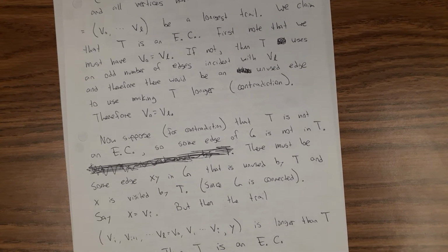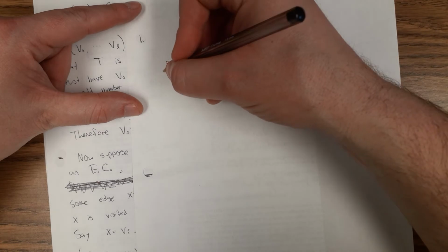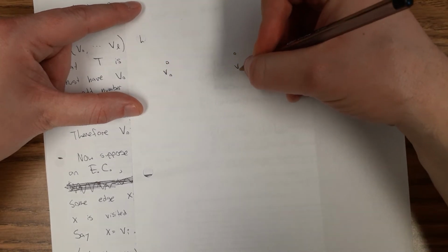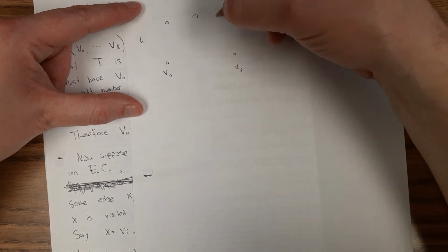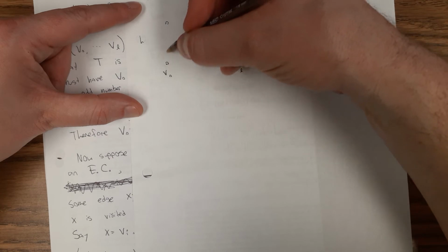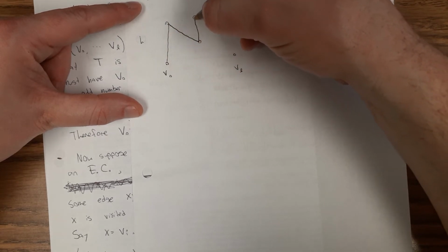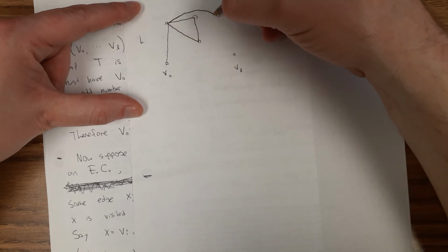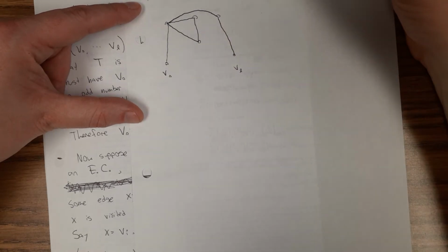More specifically, maybe I'll draw a picture. We have this trail, and it can be kind of crazy. So it starts at V0, and then maybe goes here, here. Maybe it visits this one again. Maybe it goes here, and then ends at VL.